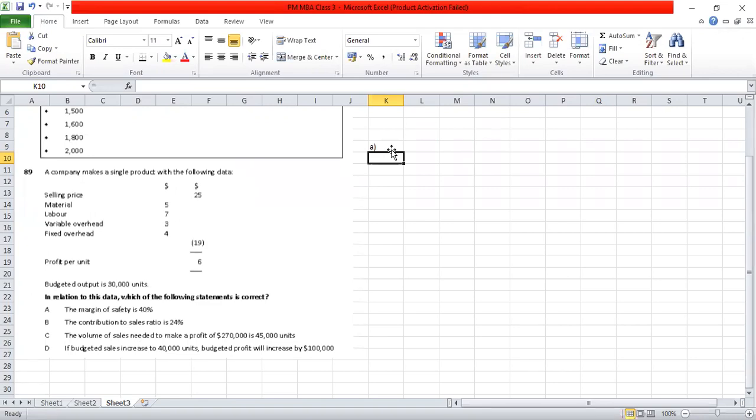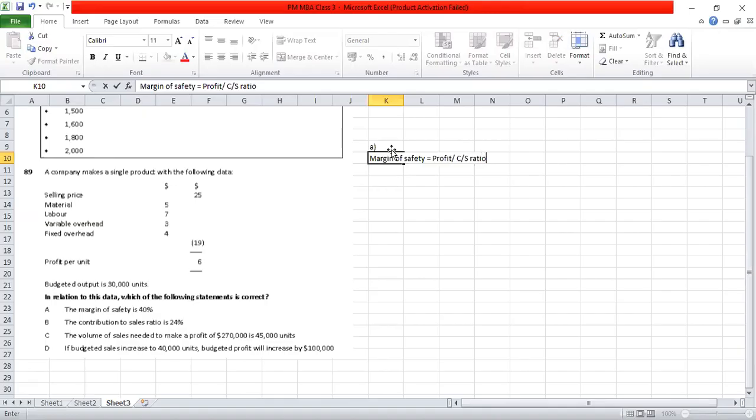Alternative formula is: margin of safety is equal to profit divided by contribution by sales ratio.